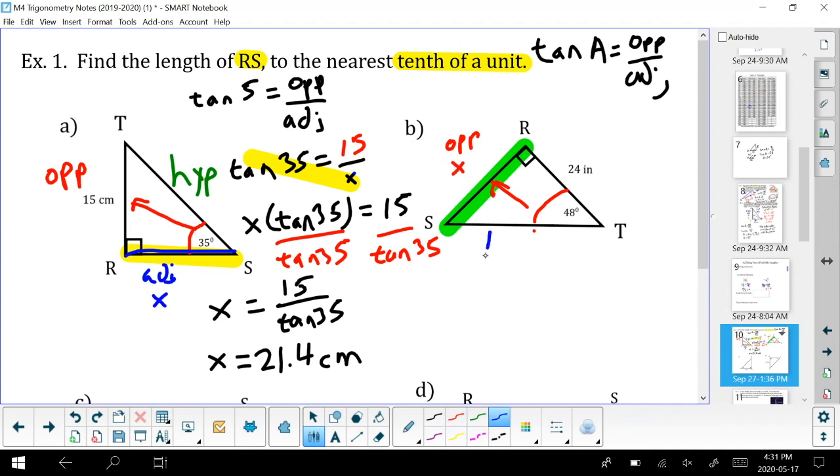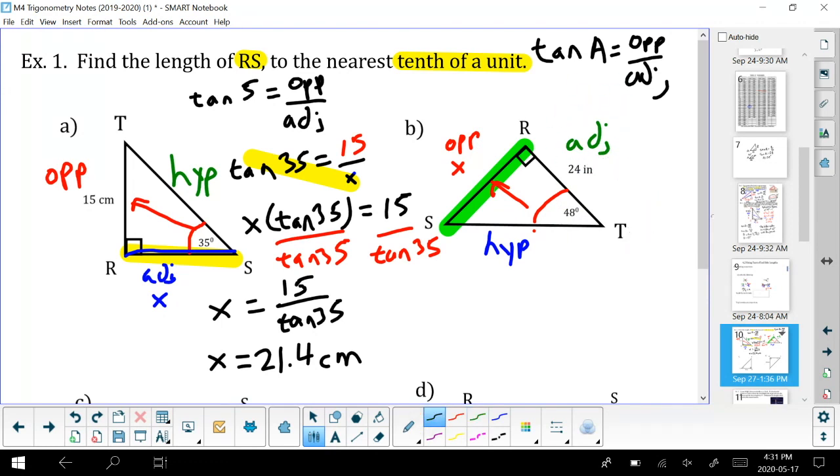My hypotenuse is over here because it's directly across from my right angle. And the 24 inches then has to represent my adjacent side. So again, depending on what you'd like to do first, you can label the hypotenuse first, then the opposite side, depending on where your reference angle is, and then finally your adjacent side. I find that to be the simplest way of labeling for most students.